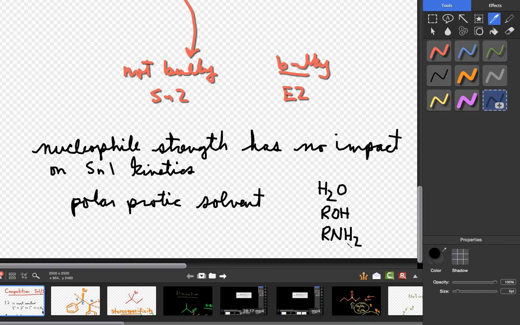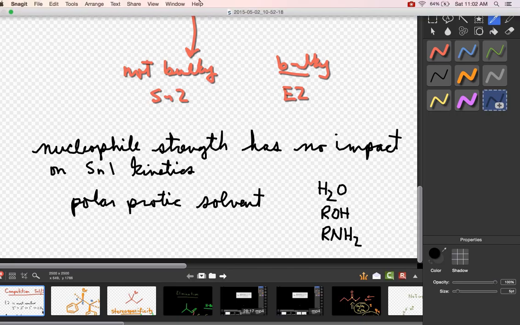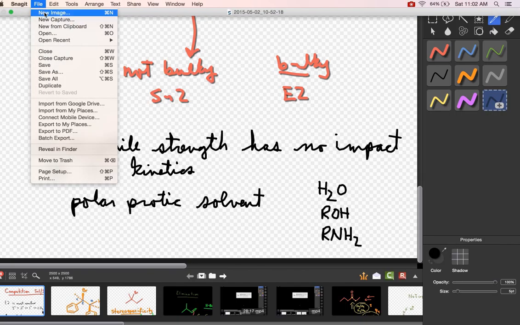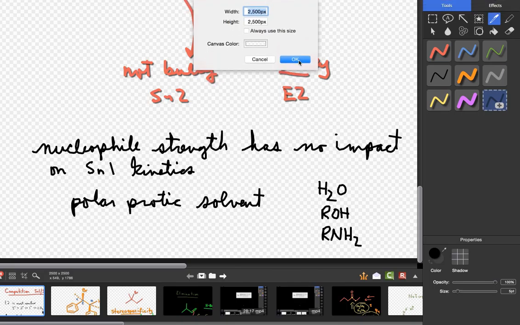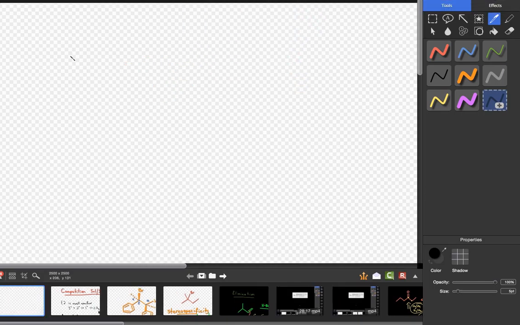If, on the other hand, I have a polar aprotic solvent like acetone, let's take a look at that. Let's say for a moment that we are reacting 2-bromobutane with NaCl. Very weak base, by the way, so E2 is out of the mix. E1 is definitely out of the mix. So is it SN1 or is it SN2?